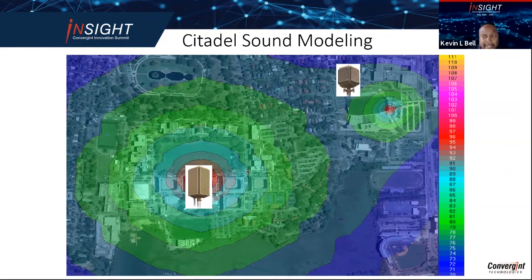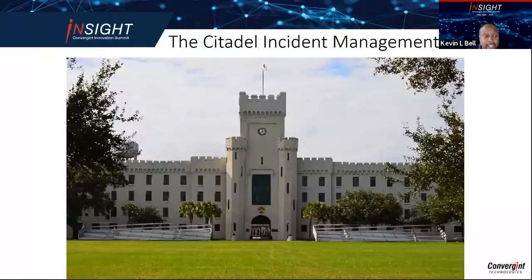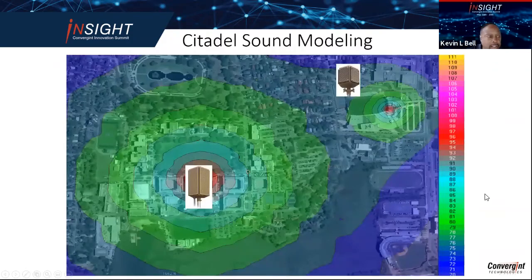They give a demonstration from the ground level here, so you really can't tell what it sounds like. And with sound modeling, you have to take into account these trees, these buildings. Yes, this will go this far if this was in the middle of the Nevada desert and there wasn't anything to block sound and no wind blowing.